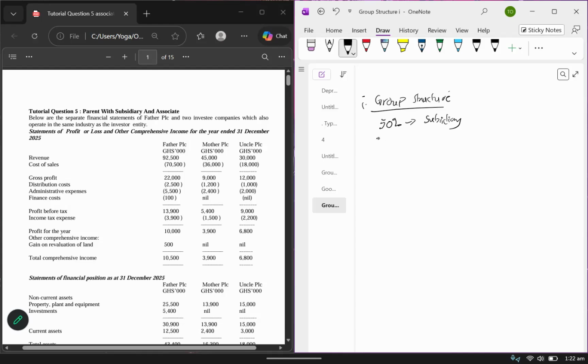Between 20% to 50%, it becomes an associate, and less than 20% is just an investment that you are making.